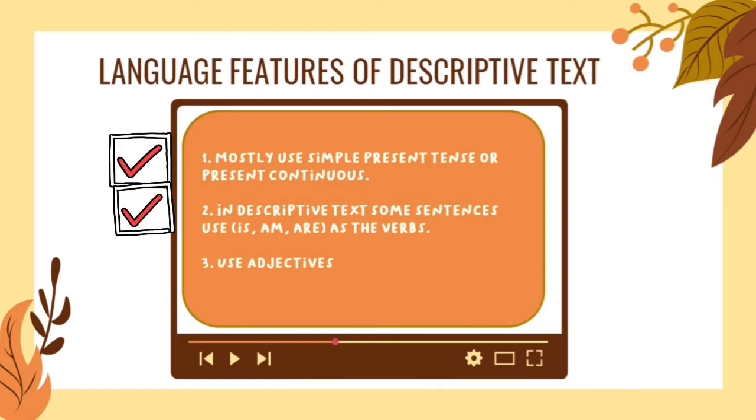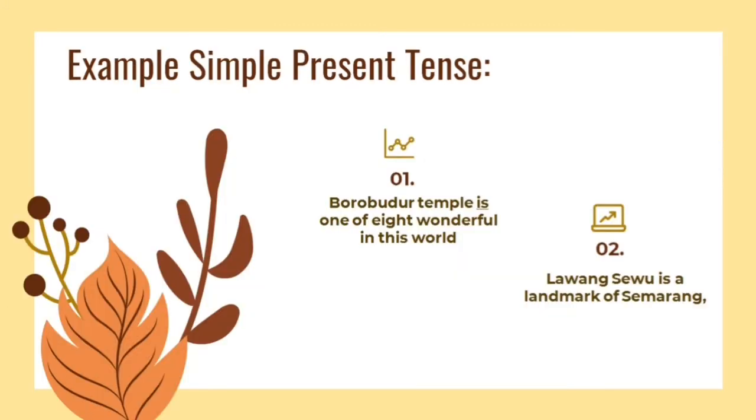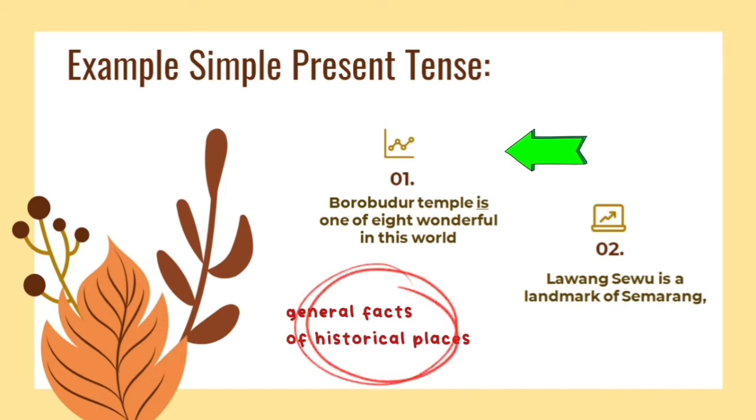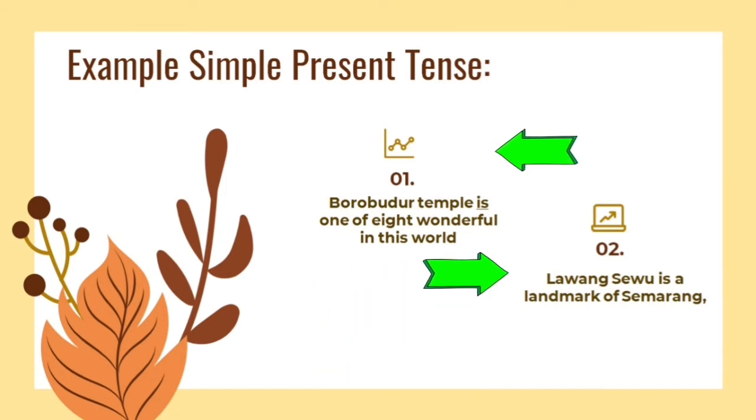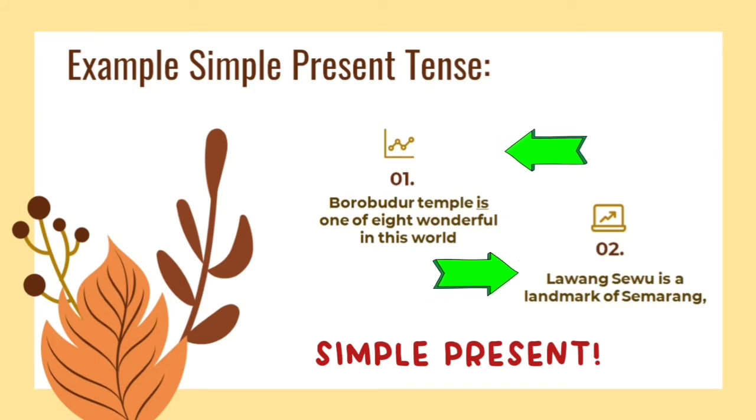In descriptive text, some sentences use is, am, are, or what we usually call to be as the verb. And descriptive text also uses adjectives. Now, take a look at the example. In these sentences, because it is a general fact about historical places, the writer uses simple present.